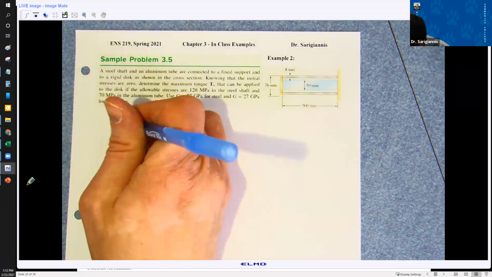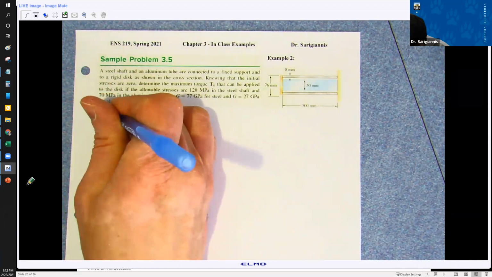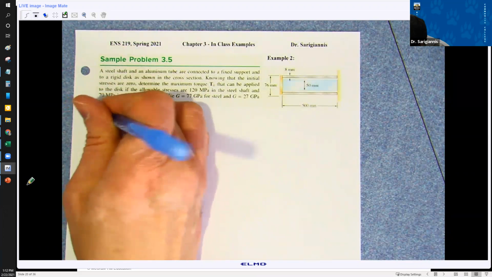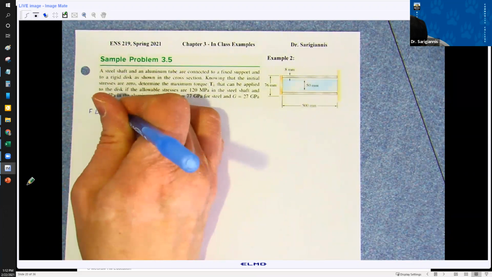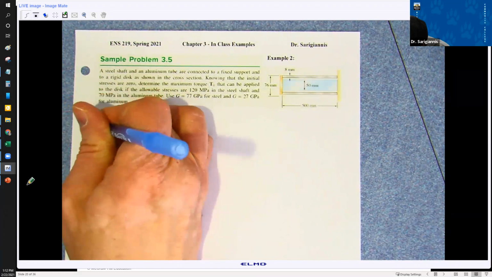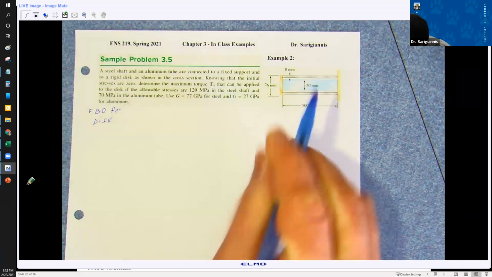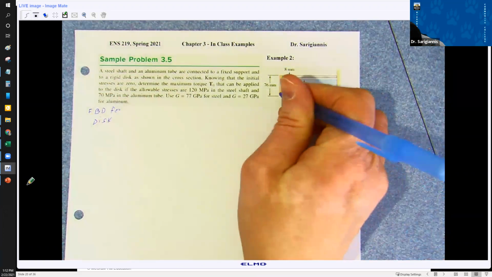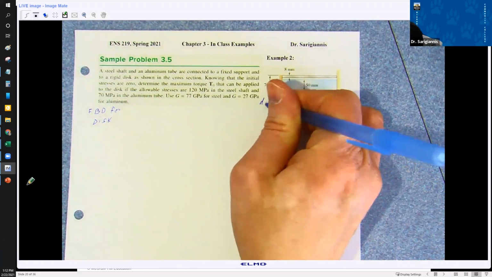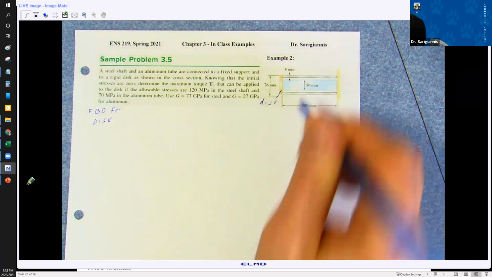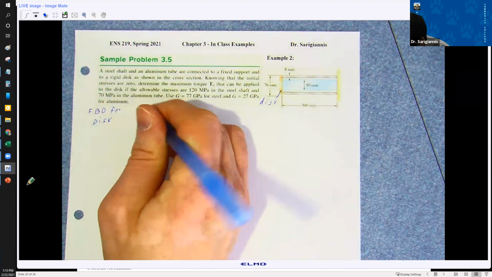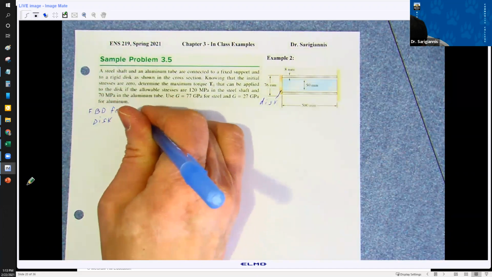I'm going to draw it like this. So let's just say FBD for disc. All right, that's the disc here. Let me just label this disc. And it's going to look like this. It's going to be a circle.